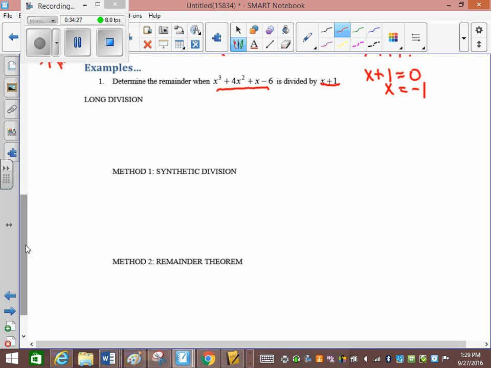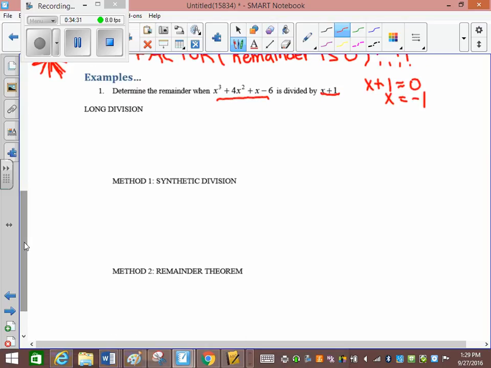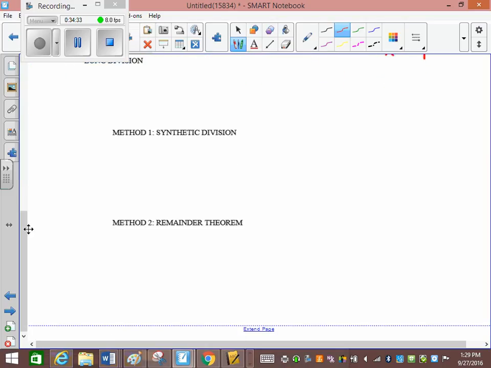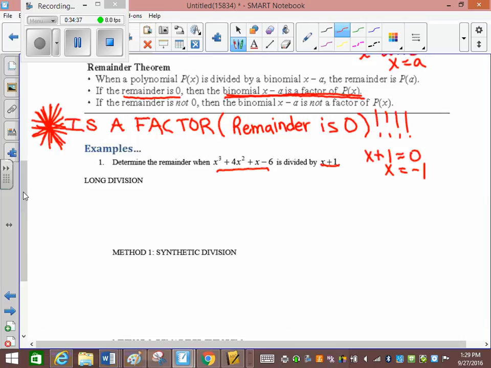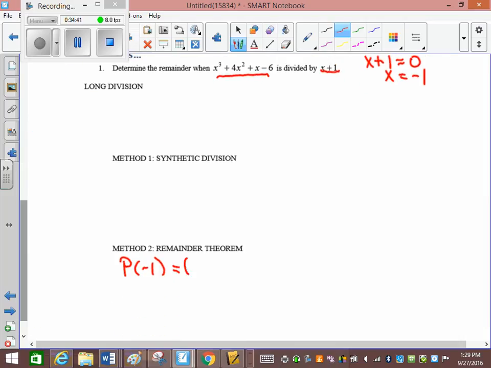Okay, so we're going to plug in -1. So p of -1 is -1 cubed plus 4 times -1 squared plus -1 minus 6.